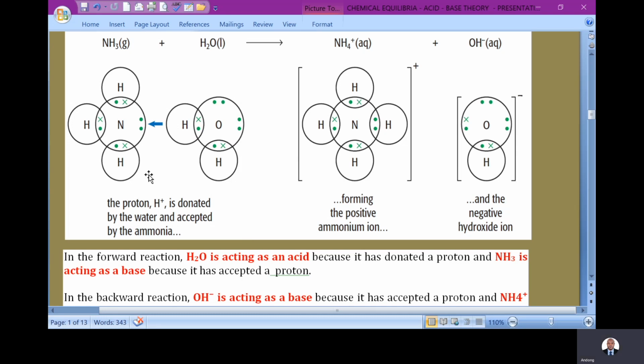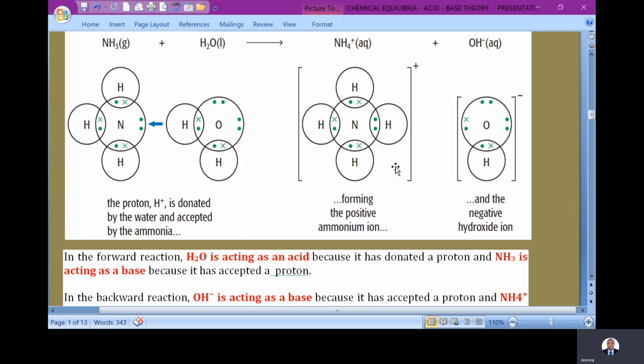In terms of a base, a conjugate is something that is formed when a base accepts a proton. This is a base, and the conjugate of this will definitely be this. This is an acid. This is the forward direction.